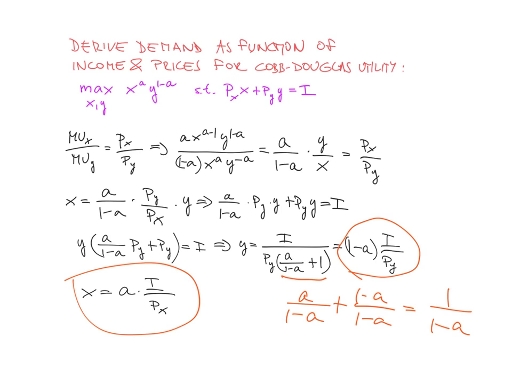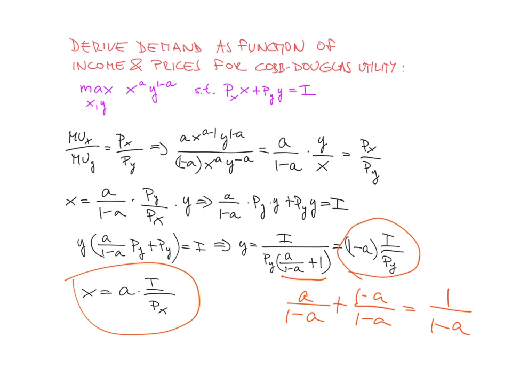Exactly right. This has no py in it. Which means there's a little odd curiosity about this Cobb-Douglas utility function. When you derive demand for X, it does not depend on the price of the other good. And the same for Y, which is unusual.